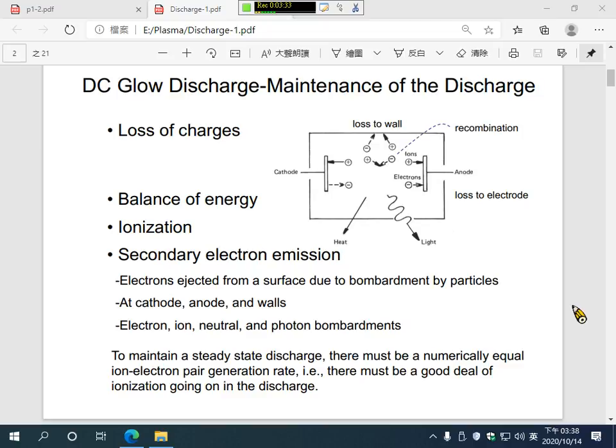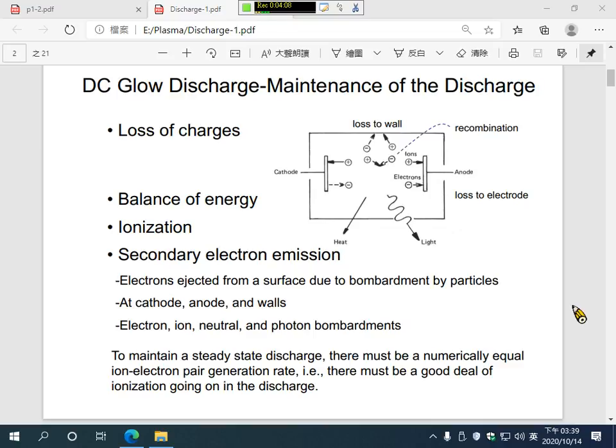So we know there are at least two sources for the charges. One is inside the gas, caused by electron impact ionization, and the other one is from the surface of the cathode. And in this chapter, we will also consider the surface of the chamber wall and the surface of the anode. From these surfaces, electrons can be emitted by ion bombardment or by electron bombardment.